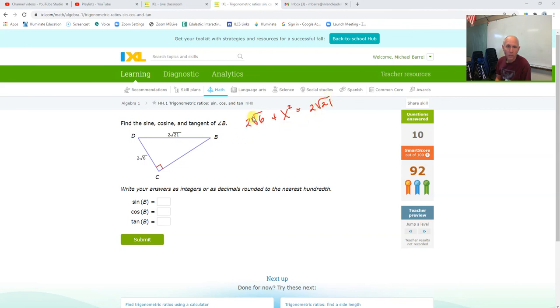Okay, 2 square root of 6 squared becomes 4 times 6, which is 24, plus x squared equals, this becomes 4 times 21, which is 84. So x squared equals 84 minus 24. X squared equals 60. X equals the square root of 60. There you go. And from there, do normal sine, cosine, tangent.